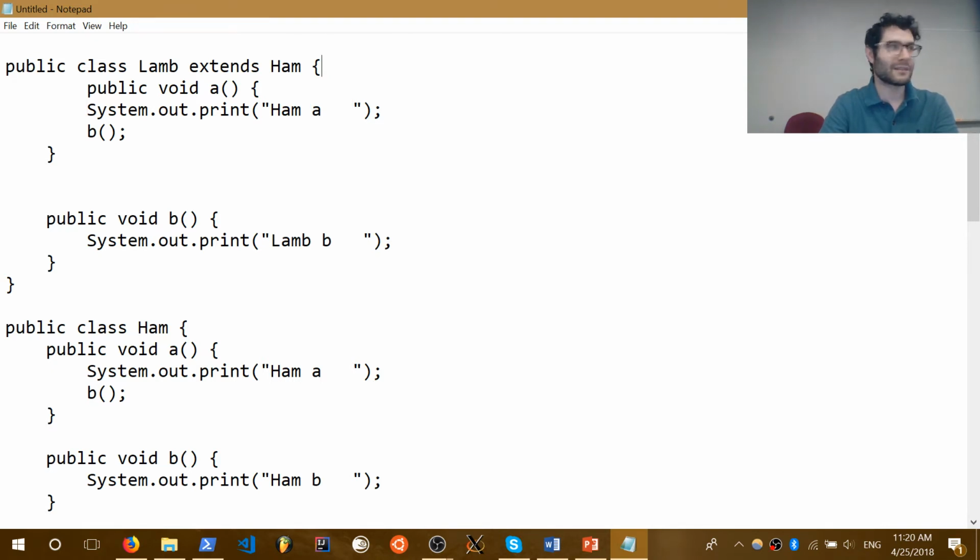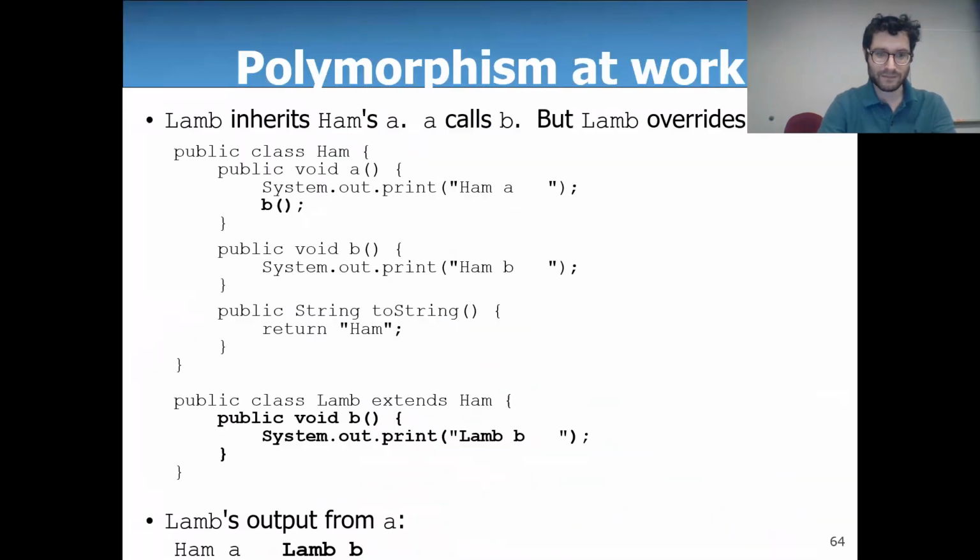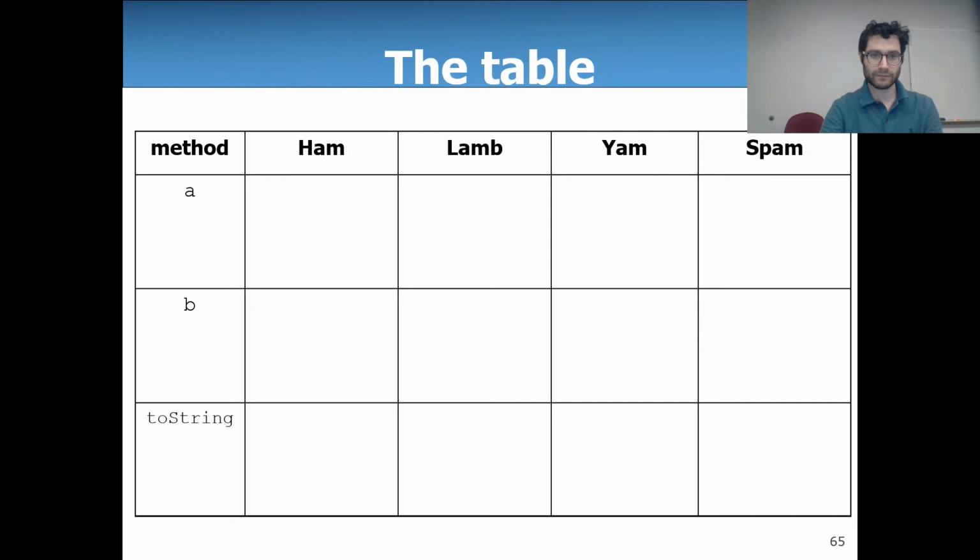Now it makes sense that if I call A and then B, I'm going to call ham A, lamb B. And I hope to God that I'm right, because otherwise this is going to be really confusing. So lamb's output will be ham A, lamb B. And this is where polymorphism basically happens: I've overridden the behavior in lamb.